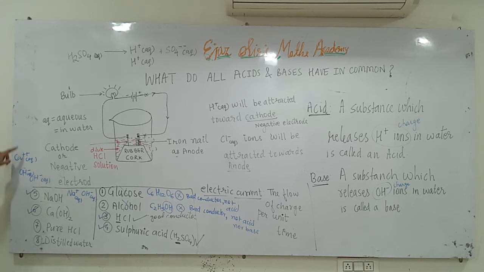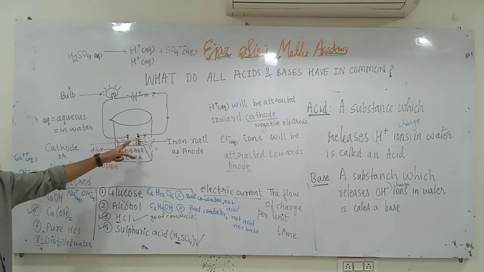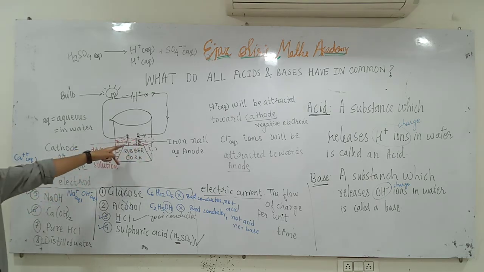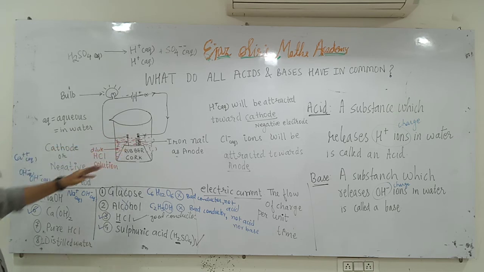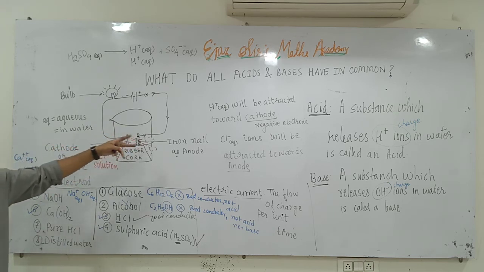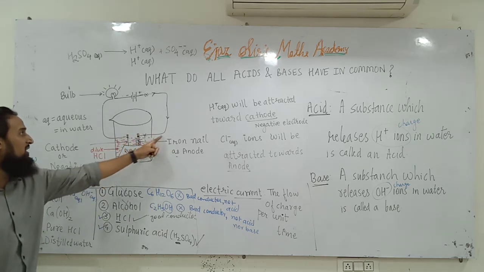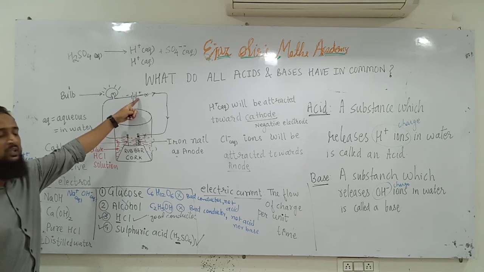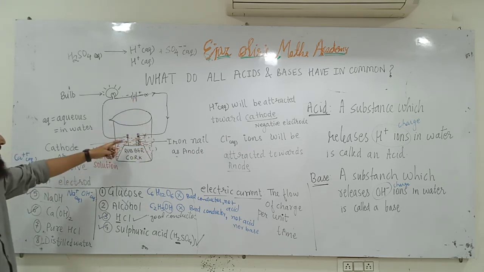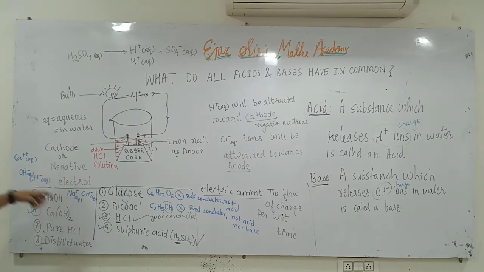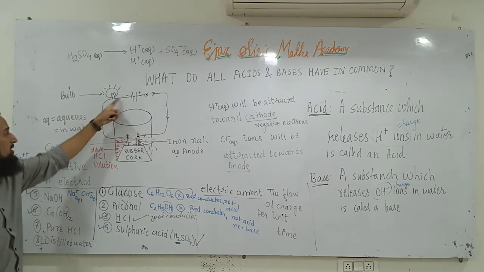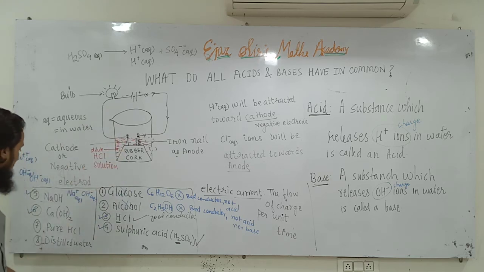So Ca2 positive and OH negative ions will be released in this solution if we put Ca(OH)2 in water, and then if we pass electric current, OH negative ion will move towards the anode, because negative charge always flows towards the anode, as the anode is connected to the positive terminal of the battery. So anode attracts negative ions and cathode attracts positive ions. Calcium positive ions will get attracted towards the cathode, the negative electrode. Understood? I hope you understood this.